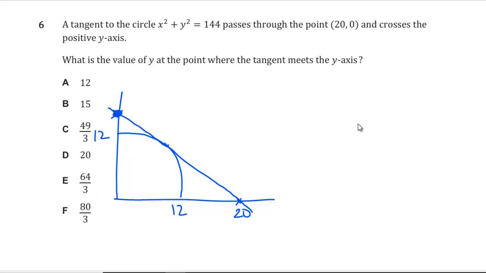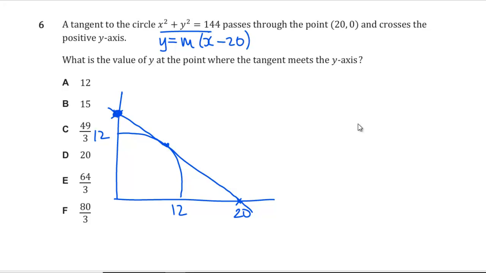Okay, so I've got this circle, and this line is tangent, so we need them to intersect at one place. So I need the equation of that line, which I don't know because I don't know the gradient, but at least that's only one unknown. So that line is going to be y minus 0 is m(x minus 20).